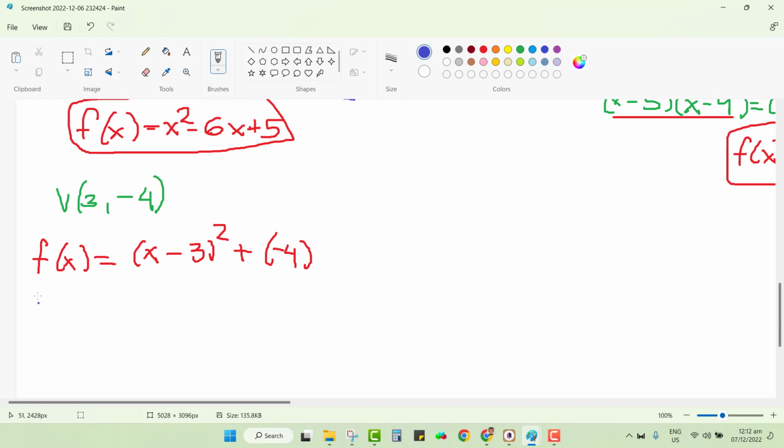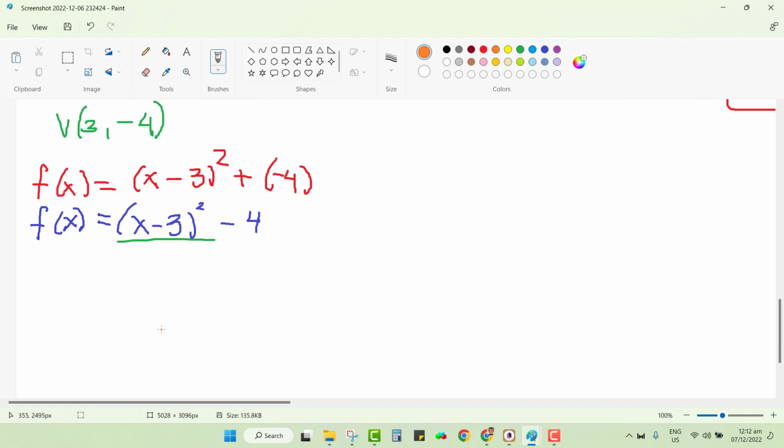The vertex form in the meantime is the square of x minus 3, minus 4. And we will use the FOIL method to solve for this. Let's try to write it in this manner first. You will have f of x equal to the product of multiplying x minus 3 by itself.